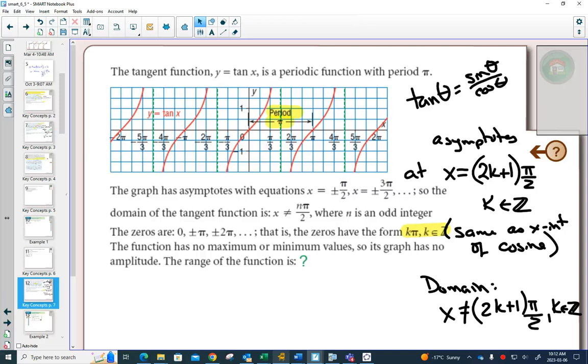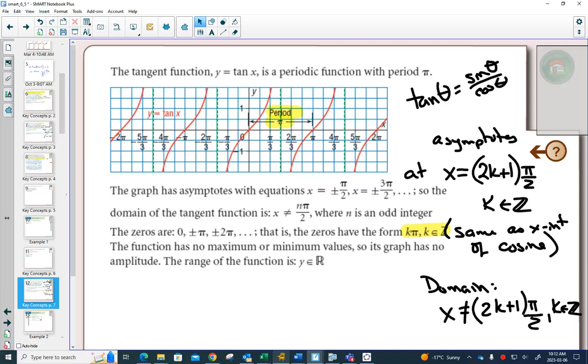When we're writing equations of asymptotes, they always have an equal sign. When you transfer that to your domain, you write a line through the equal sign, because in your domain those are the places where it is not allowed. And since the graph goes up and down forever, the range of tangent is everything.